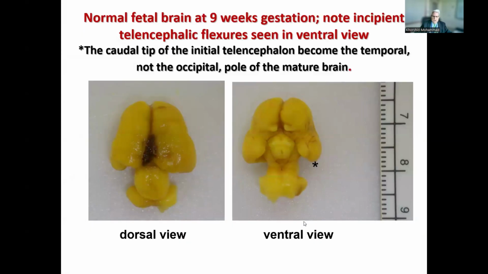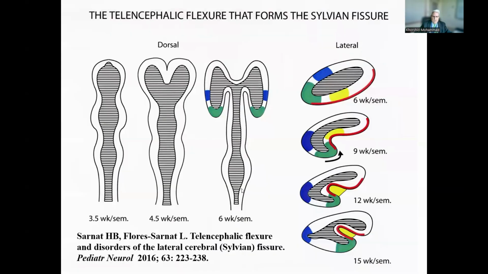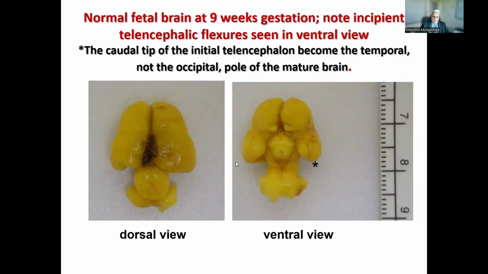So let's look at some real brains to see how they look. Here you have a fetal brain of a 9-week fetus, and you can see on the ventral surface especially the beginning bending of the telencephalic flexure. And the pole, the posterior part of that telencephalic flexure, is what will become the temporal pole.